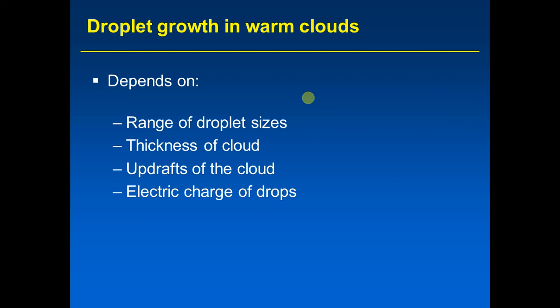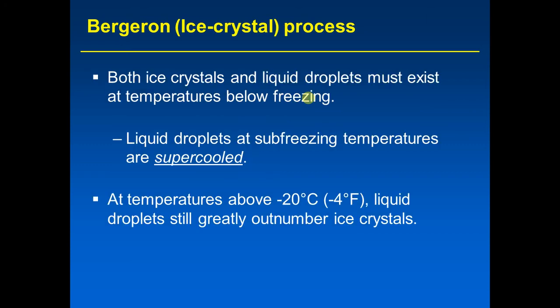Okay? And electric charges of the drop are important because this is a factor that can help actually enable the drops to stick together once they collide, okay? Opposites attract. Now, what about the Bergeron ice crystal process, okay?